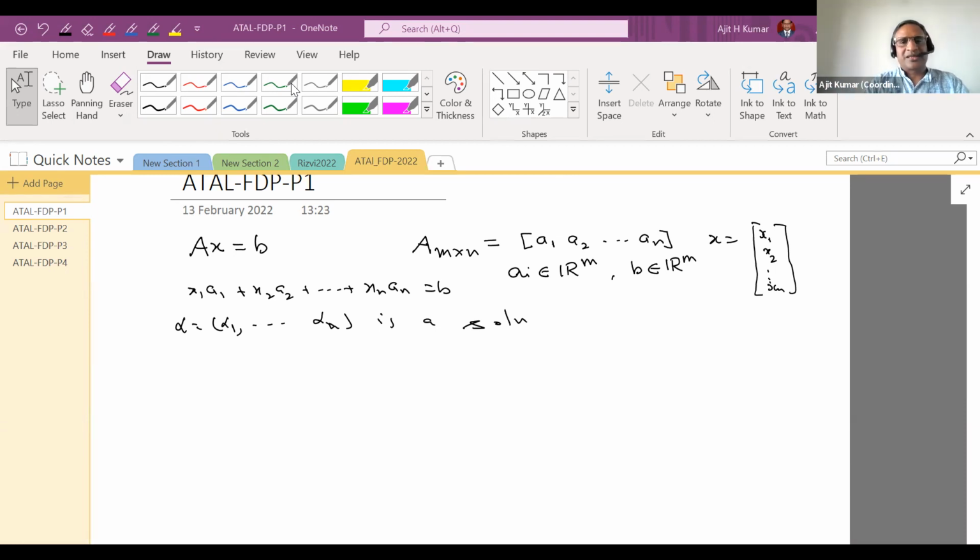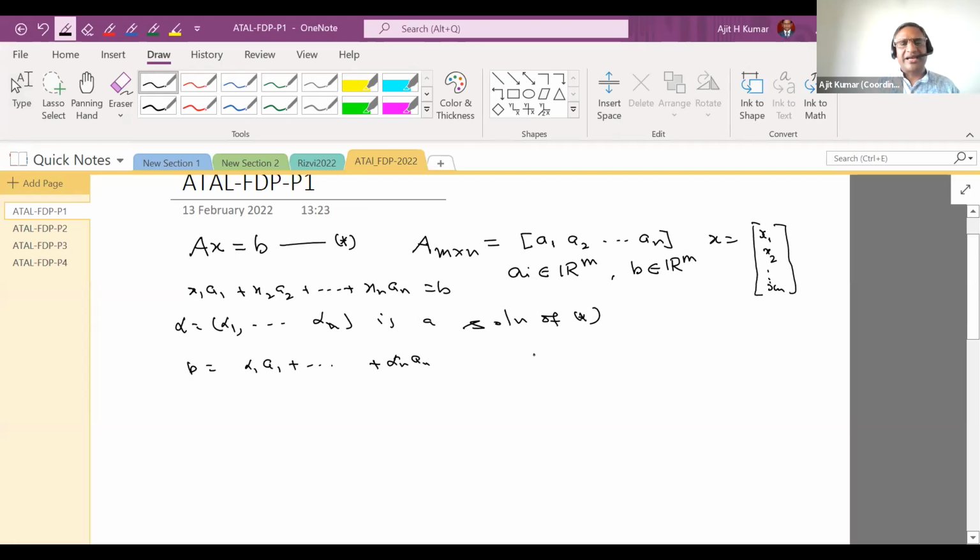Right. So if alpha, which is alpha 1 to alpha n, is a solution of, let me give this a name, let us say star, this simply means that I can write B as alpha 1 A1 plus dot, dot, dot, alpha n An.